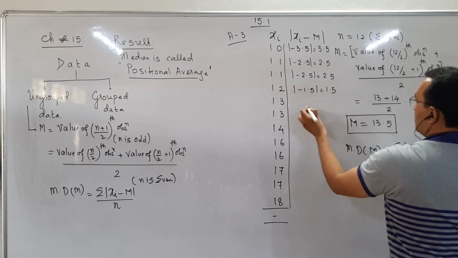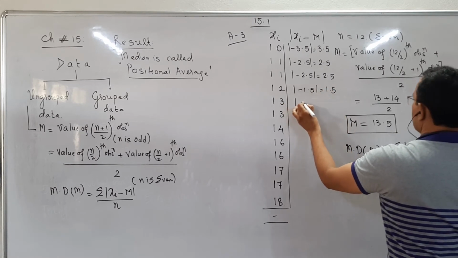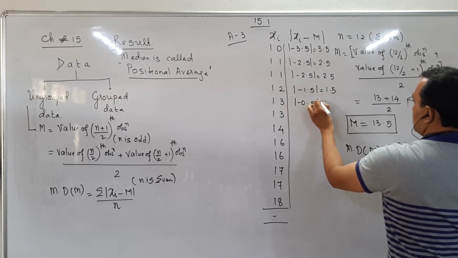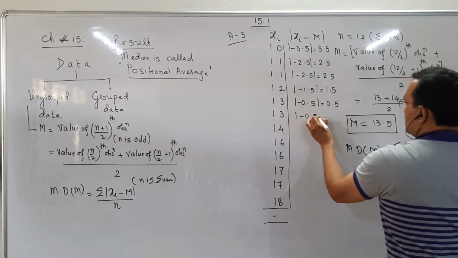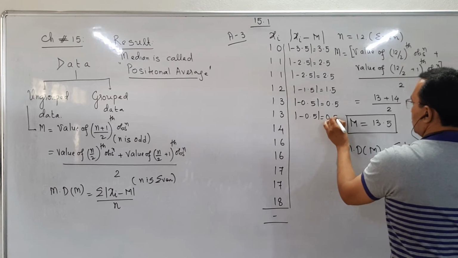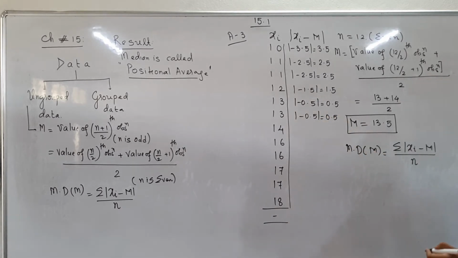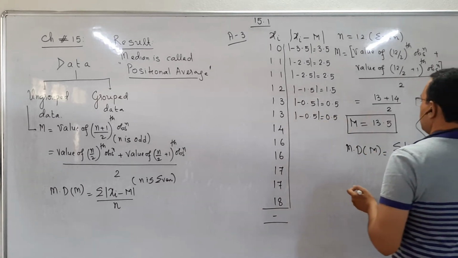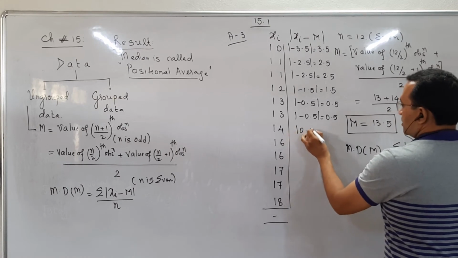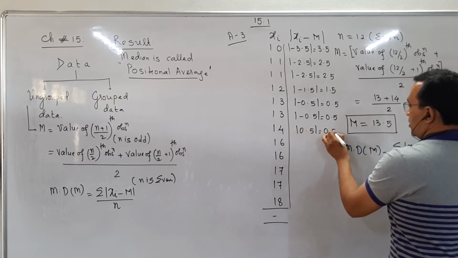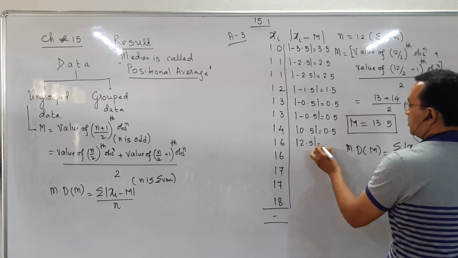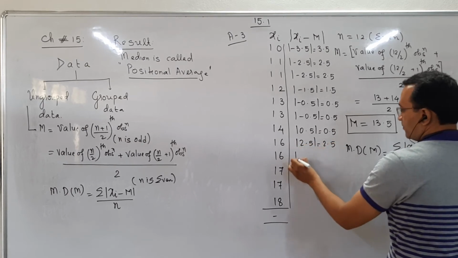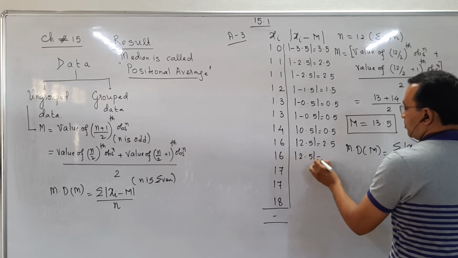Mod is 1.5. 13 minus 13.5 is minus 0.5. Mod is 0.5. Again minus 0.5. So mod is 0.5. 14 minus 13.5 is plus 0.5. Mod is 0.5. 16 minus 13.5 is 2.5. Its mod is 2.5. Again 2.5.